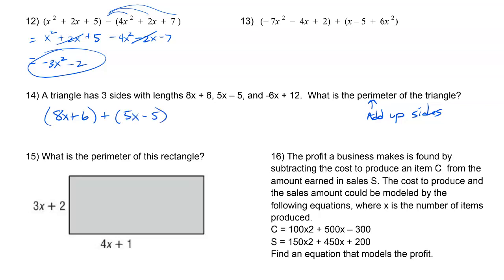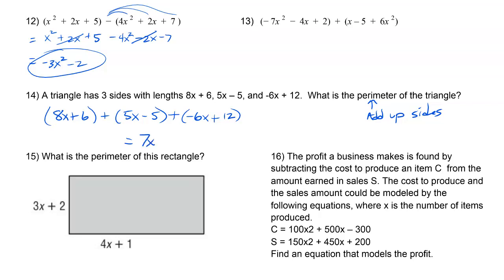I'm putting them in parentheses just to show that they're separate, but the parentheses aren't needed because nothing is being multiplied. Our goal is to add them up. So I would do like we had done the questions right above this. 8x plus 5x, which would be 13, minus 6, which would be 7.